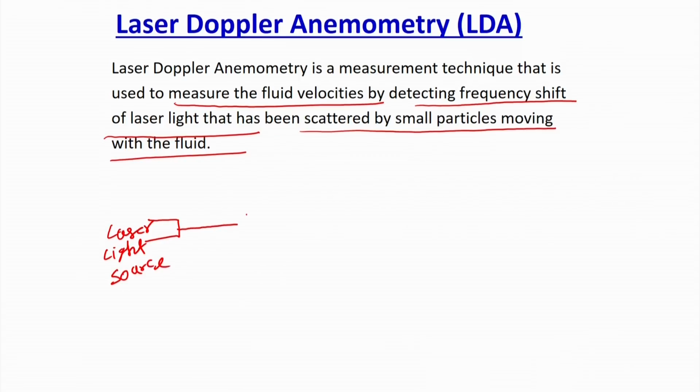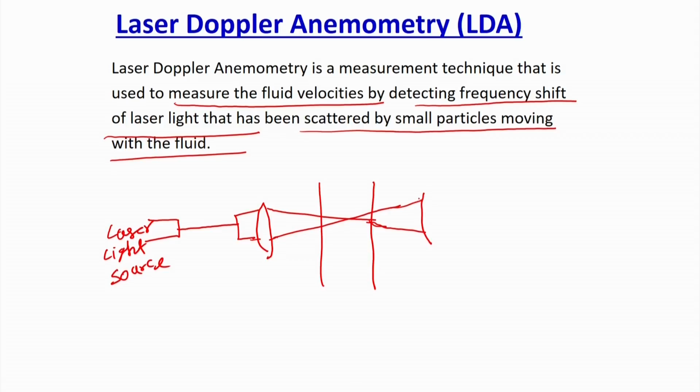We are incidenting a laser, and let us assume that we are breaking the laser into these two parts. We are incidenting it on a particular zone by using a lens, and this is my measurement volume, the flow area where we are measuring. Then again we are collecting the signal and focusing it on a detector. Say this is my detector or receiver.